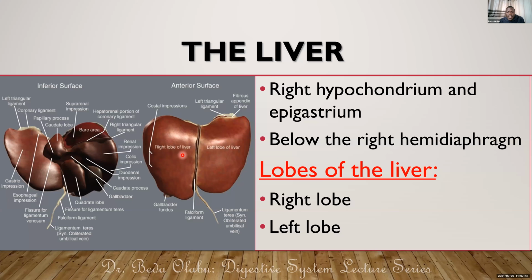But we also have right and left physiological lobes of the liver. And on that note, the caudate and the quadrate lobes are on the left physiological lobe. But in a nutshell, the anatomical lobe is based on the presence of this thing here, the falciform ligament, the level of the falciform ligament, which separates the liver into right and left anatomical lobe.